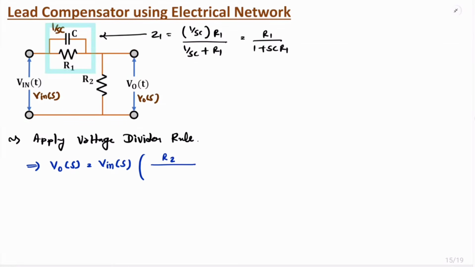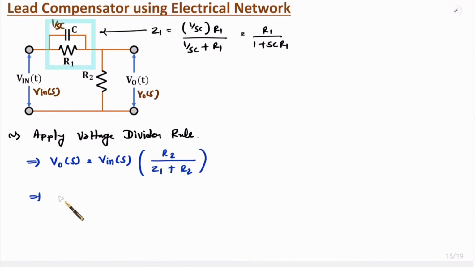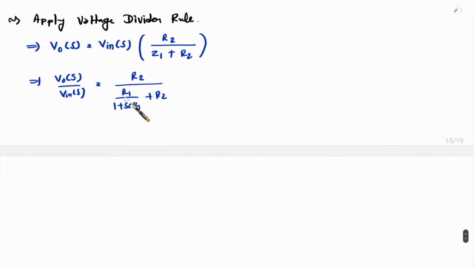Here this impedance is Z1 and this impedance is R2. So now we have the transfer function V naught of S divided by V in of S. Here the value of Z1 is R1 divided by 1 plus SCR1, plus R2. Now we need to simplify this equation further.